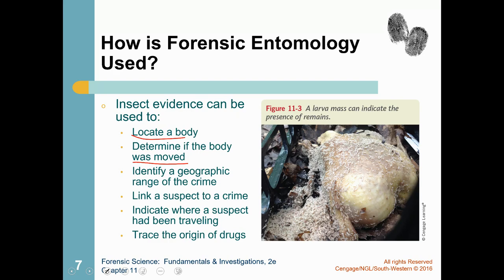We can identify a geographic range, so if a body was transported over a larger distance, we can use the different colonies of insects that colonize the body to determine that geography. You can also link a suspect to a crime, because there is a lot of evidence you can extract from the maggots especially.